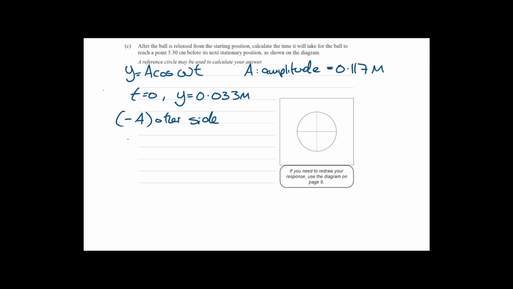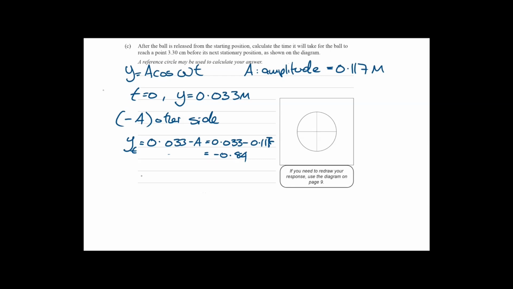Okay, so y at t, the one that we're looking for, is going to be 0.033 minus amplitude, which is 0.033 minus 0.117. And I worked this one out beforehand, and that's going to be minus 0.084.